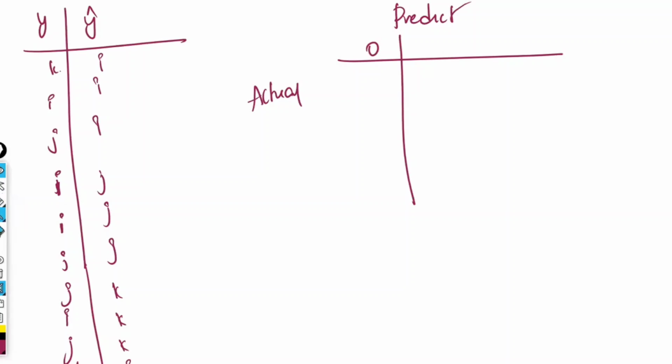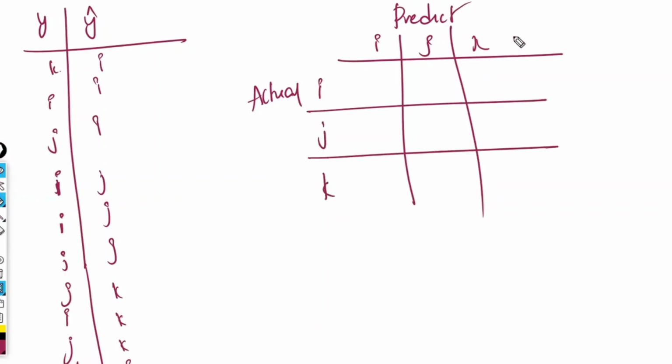So the first option is I, J, K, and I, J, K. Total 10 values, right? Now, tell me how many records are with actual I and predicted I. Only 1.